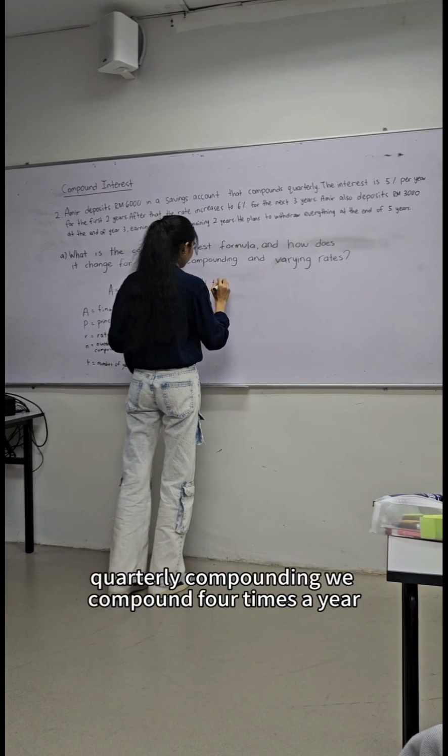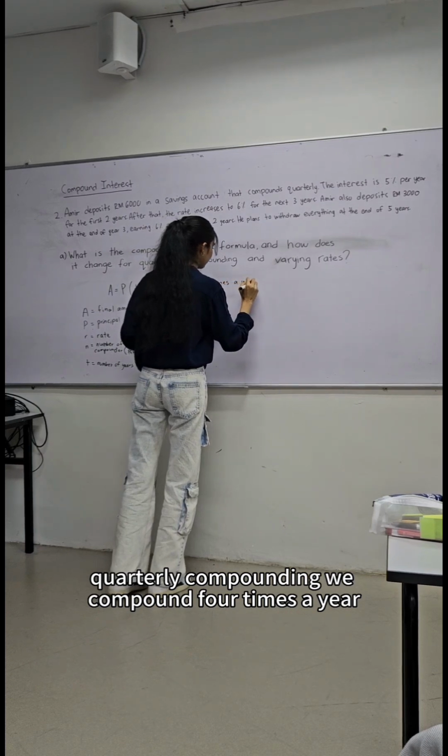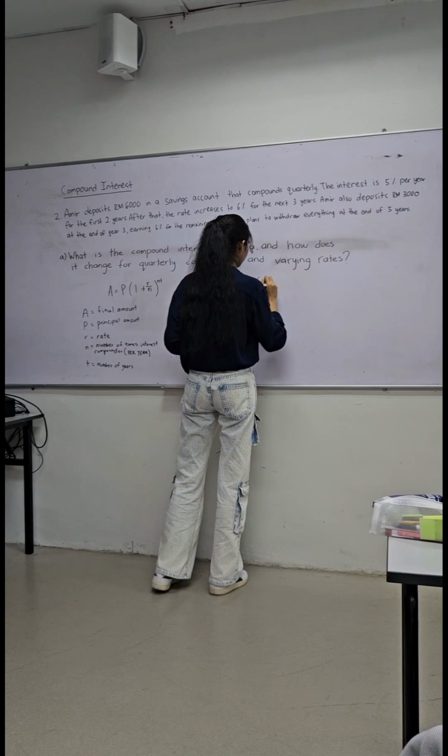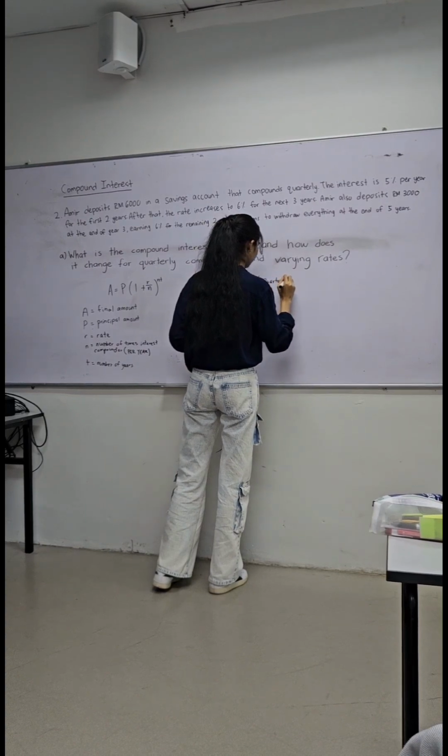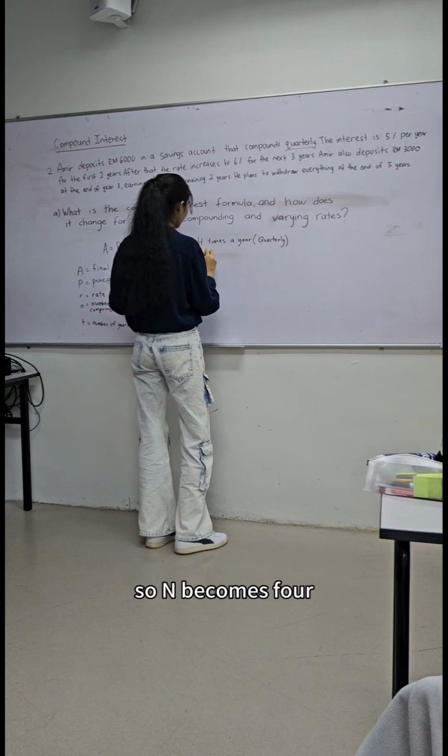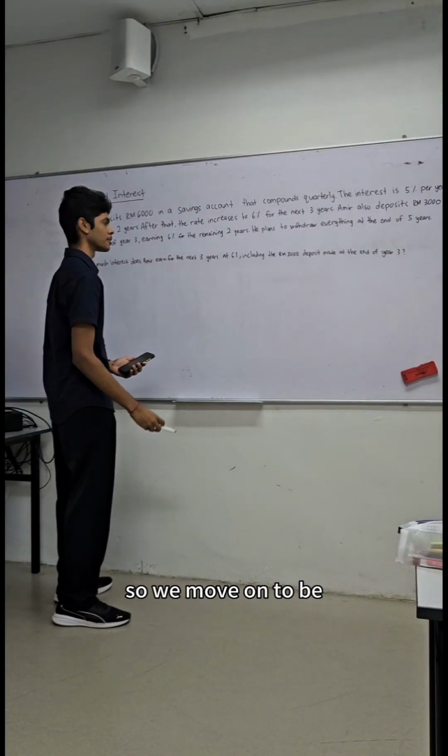For quarterly compounding, we compound 4 times a year. So N becomes 4.